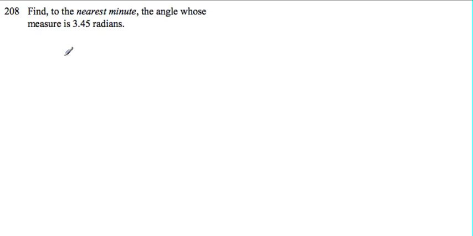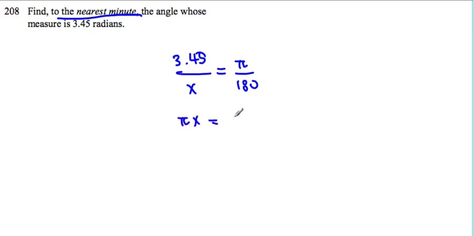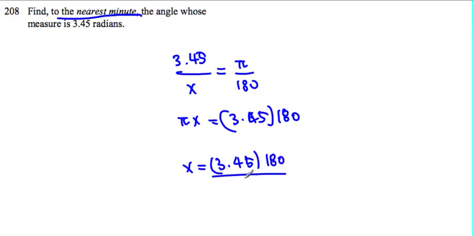Let's look at number 208. To the nearest minute. That means we need to use the calculator here. Here we get 3.45 over x is equal to pi over 180. Then pi x is equal to 3.45 times 180. To get x, we just divide by pi, so x will be equal to 3.45 times 180 all over pi.